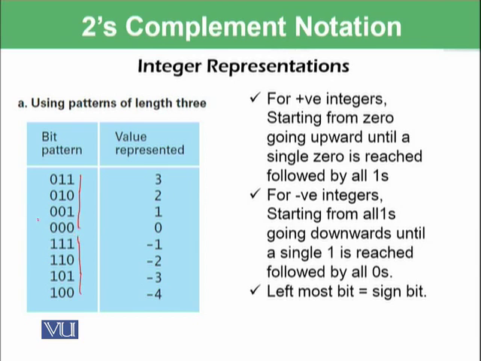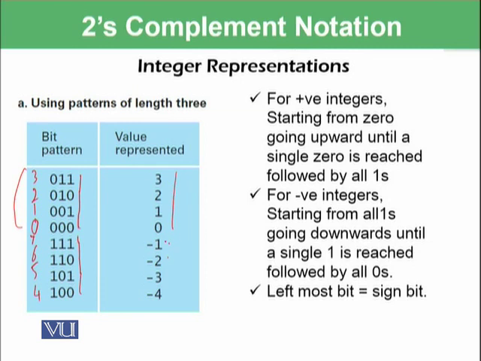You might remember that this was decimal 0, 1, 2, 3, and then 4, 5, 6, and 7. And we are saying that from 0 to 3, this will represent positive numbers 0, 1, 2, 3. And from 4 to 7, this will represent -4, -3, -2, and -1.